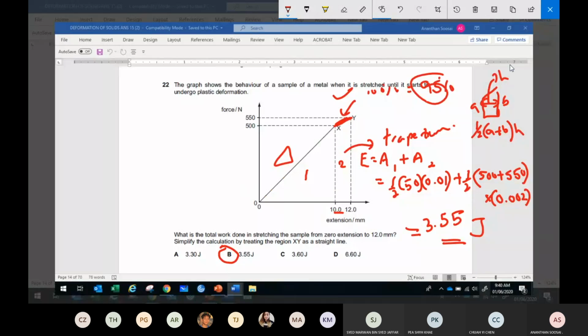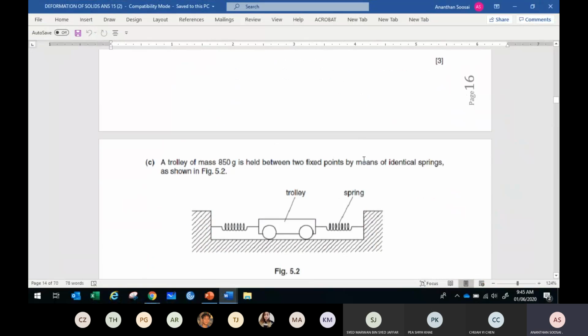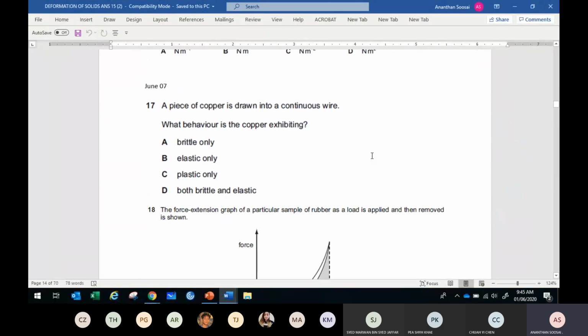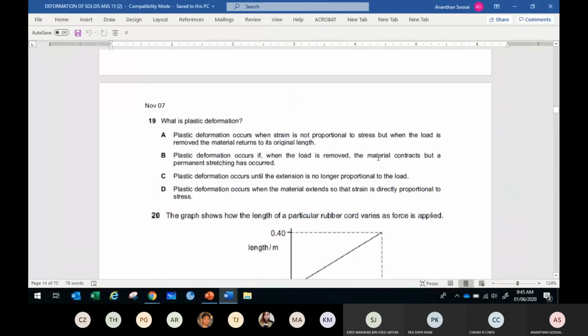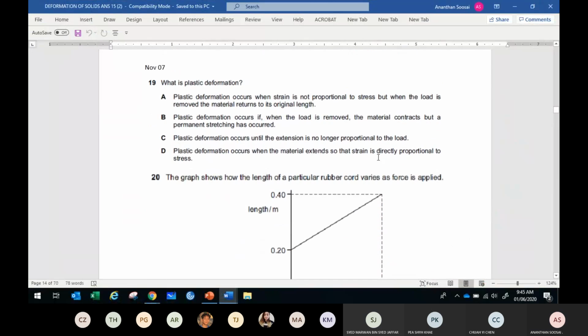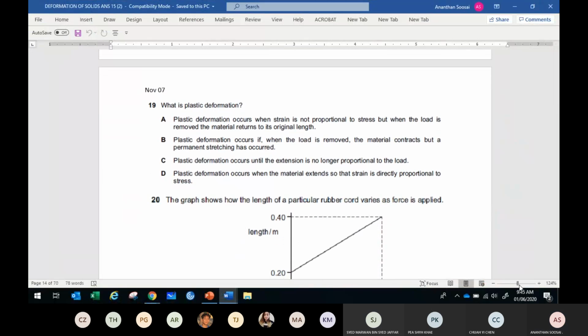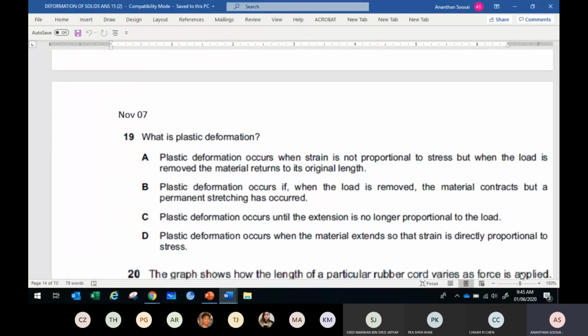More questions? We do another 2, then we stop. Okay, another 2 questions. Question 19, page 20.